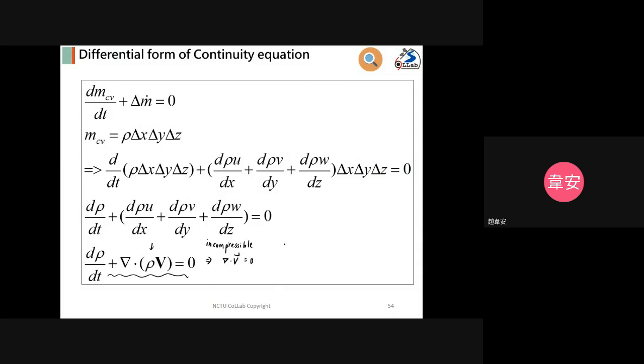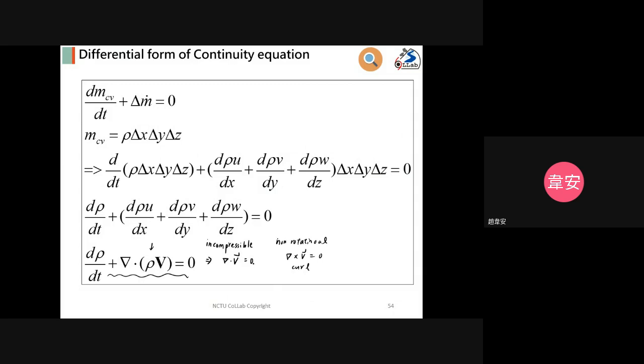And we also know that right now we are discussing non-rotational flow. If the flow is non-rotational, then the curl of the flow velocity field is also equal to 0.